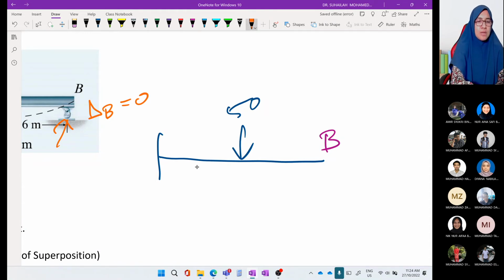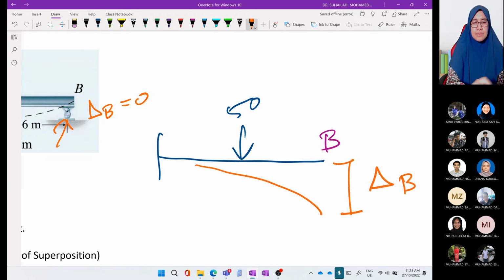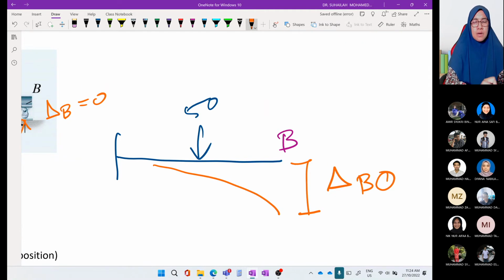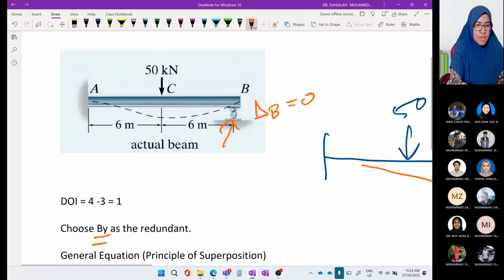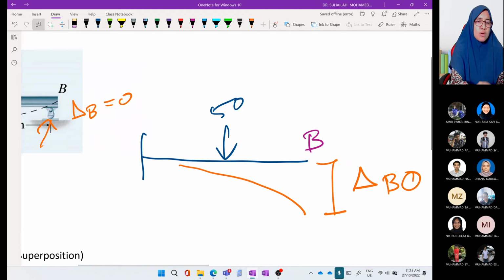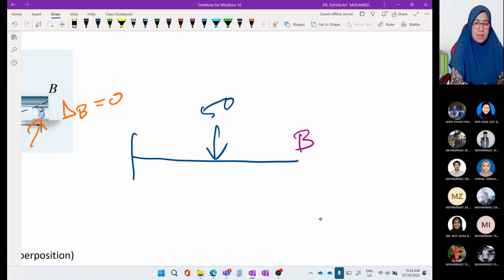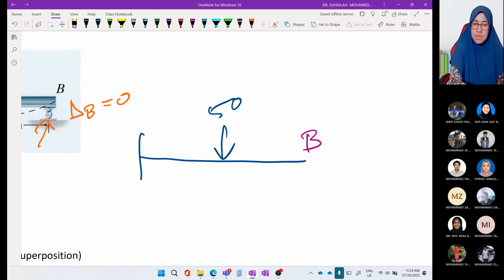So we actually need to identify this delta at position B for the primary beam. Okay, so these are all that I have discussed in the previous lecture. Okay, delta B naught. And in order to analyze this question, actually, we don't need to draw the deflection again. The deflection that I have shown to you is just to show how we get the compatibility equation.